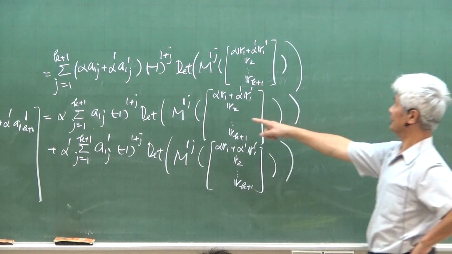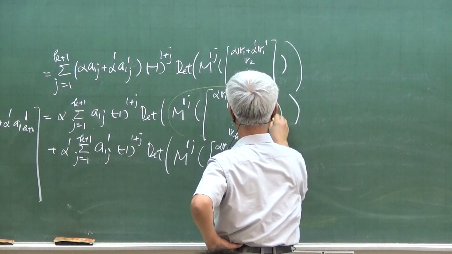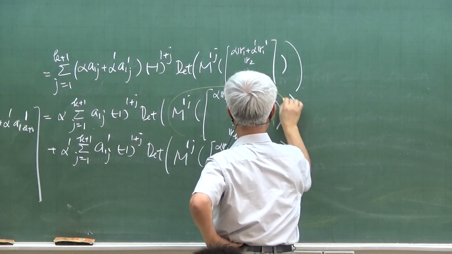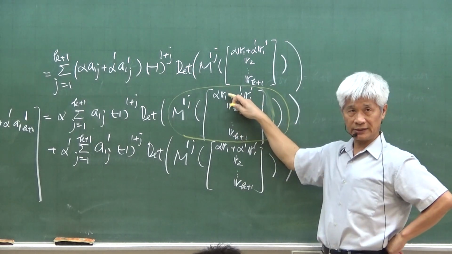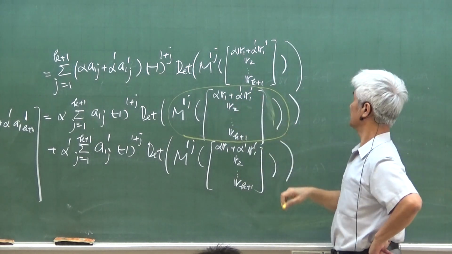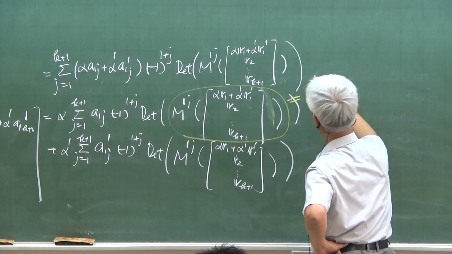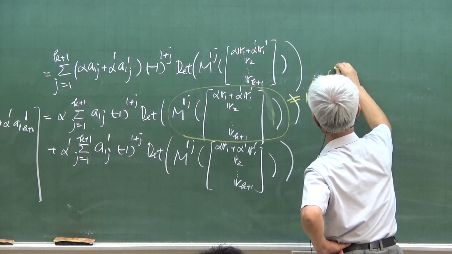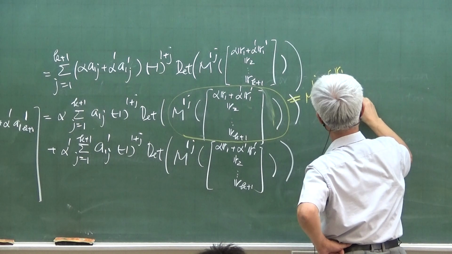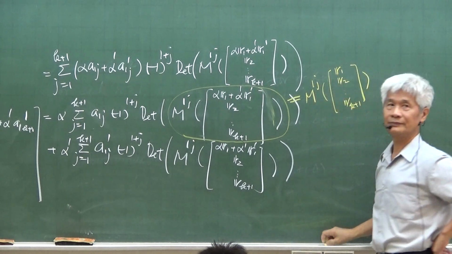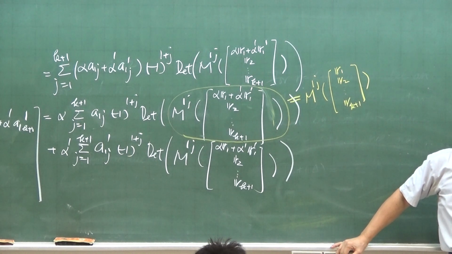Now the minor here, of the matrix where the first row is a linear combination of two row vectors, is equal to the minor 1j of another matrix. Why?